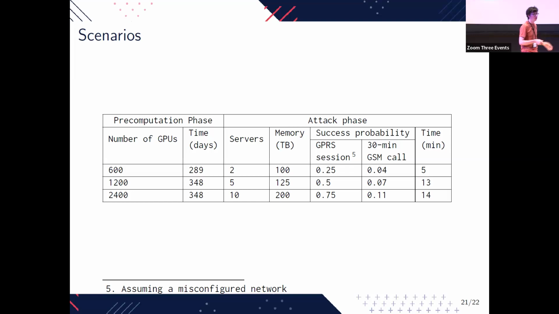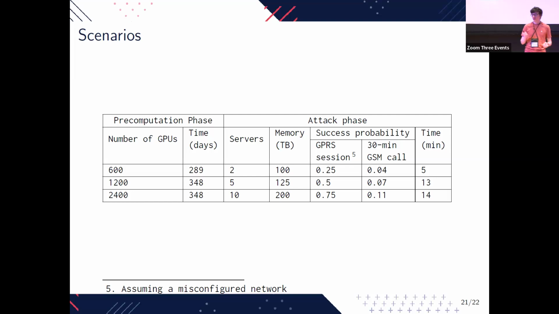So we had to take one table, this one, but you have the formulas in the paper and you have other tables in the paper. Basically, the last line says that if we assume that the pre-computation uses 2,400 GPUs, then it takes a bit less than a year to compute the tables.